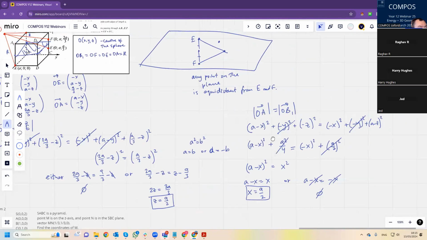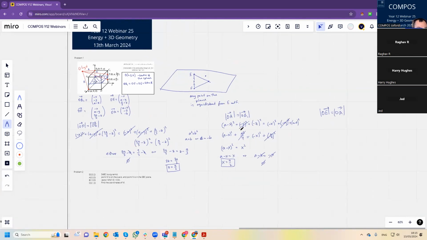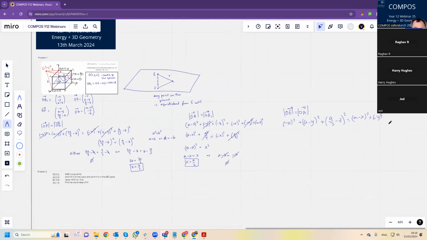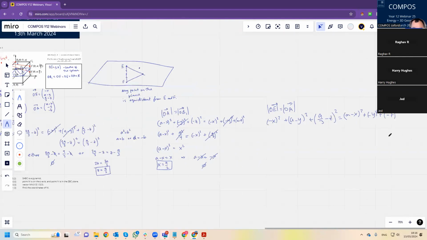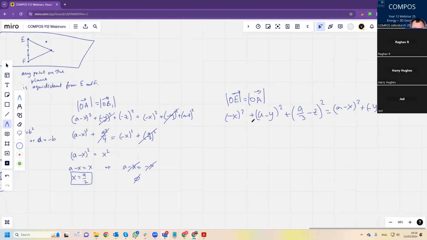Okay, and OE is minus x squared plus a minus y squared plus a over 3 minus z squared equals OA, which is a minus x squared plus minus y squared plus minus z squared. And what do we get?